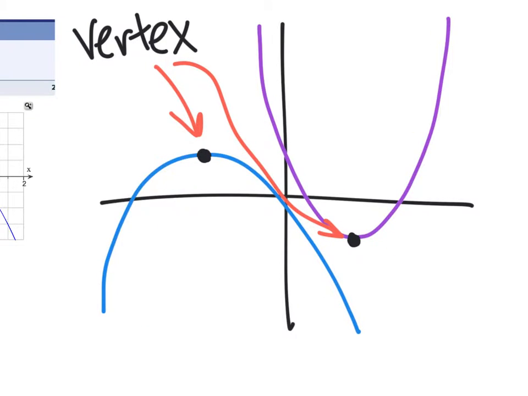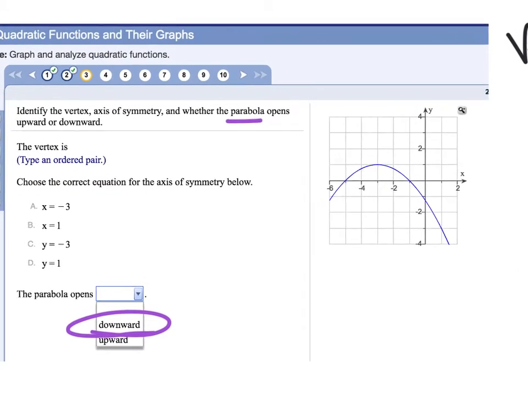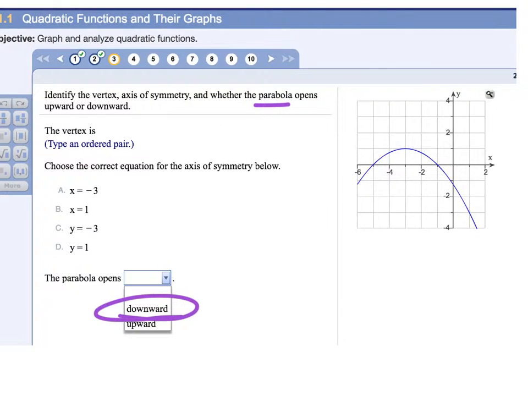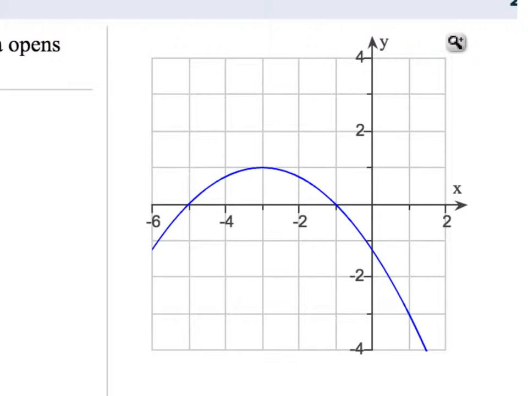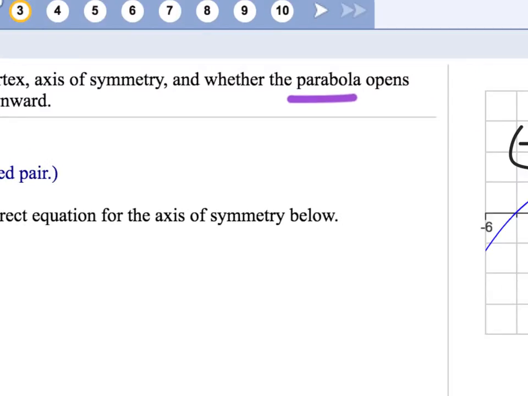When we look over here at our graph, it's definitely a frowny face, so our vertex is going to be the maximum, and the maximum appears to be right there. So that vertex is at -3, 1. That's what you would put in for your vertex.